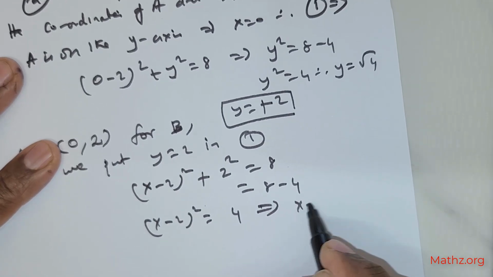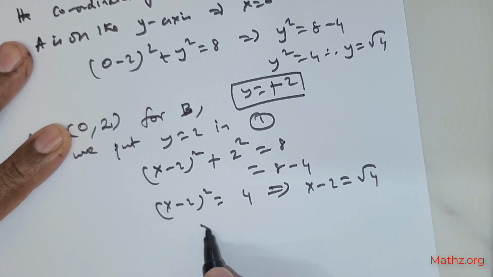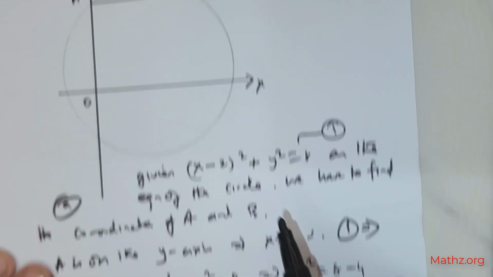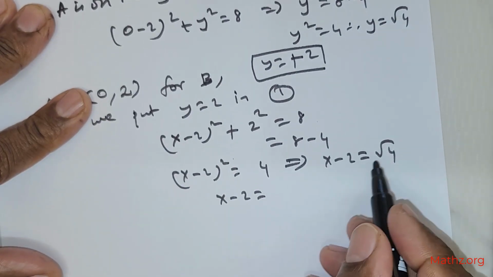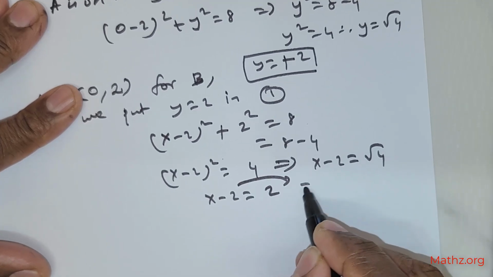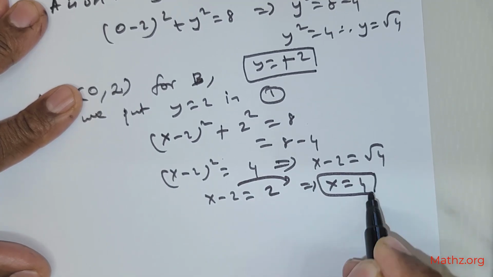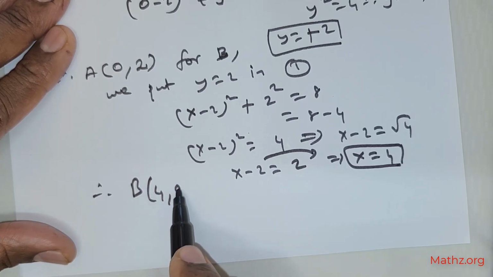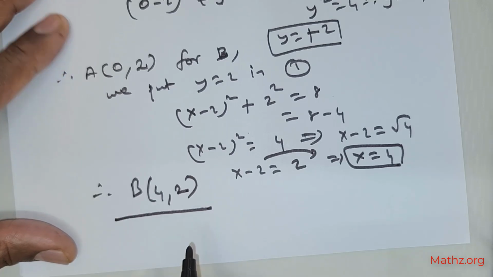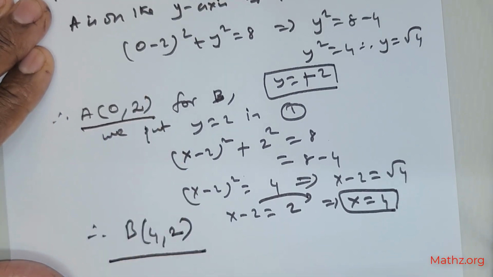So this means x - 2 = root of 4. This means I need only the positive part, right? So this is going to be 2. You move to the other side, you get x = 4. So therefore the coordinate for B is (4, 2). So we have got the B's coordinate, we have got the A's coordinate. So that's one part of the question.